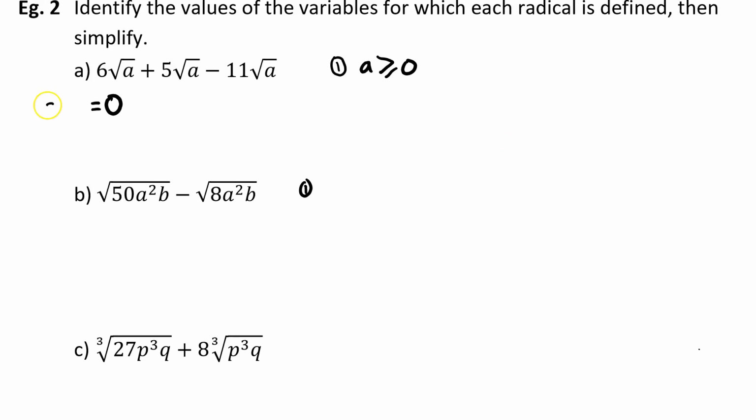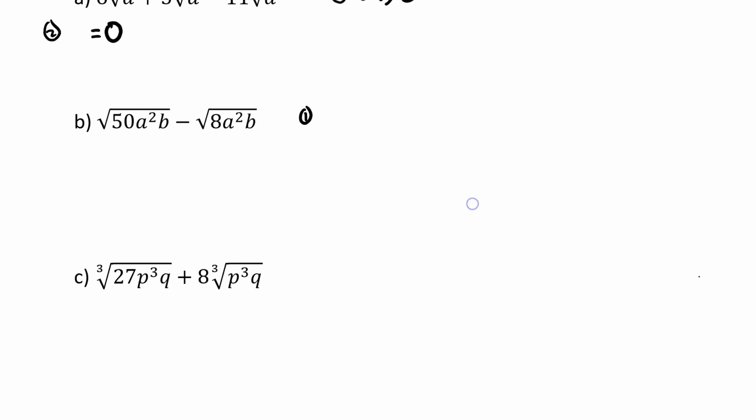All right. So with b, this is a little bit more tricky when we have 2 variables here. So first things first, step 1 is defining and then step 2 is simplifying. Okay, we're going to define it. So we're saying that a squared times b must be greater than or equal to 0 because we're dealing with a square root again.